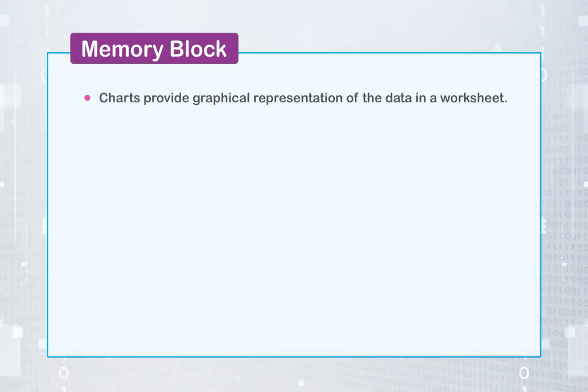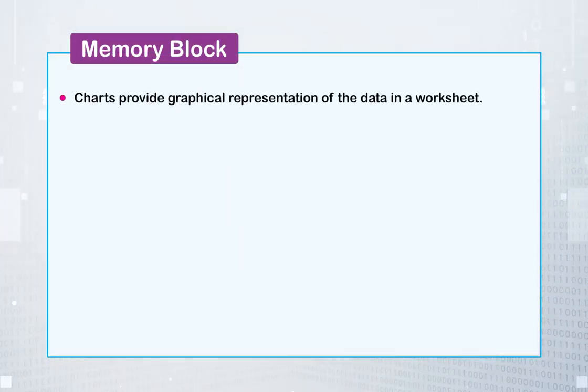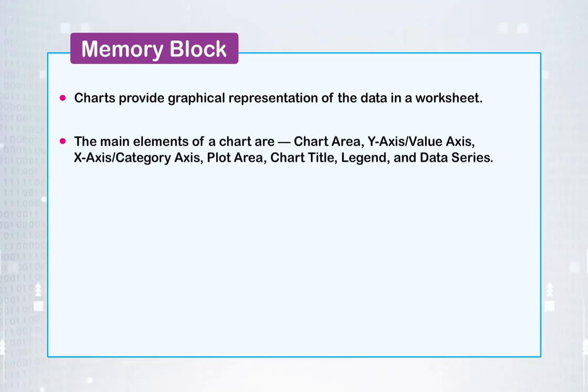Memory block. Charts provide graphical representation of the data in a worksheet. The main elements of a chart are chart area, y-axis or value axis, x-axis or category axis, plot area, chart title, legend, and data series.